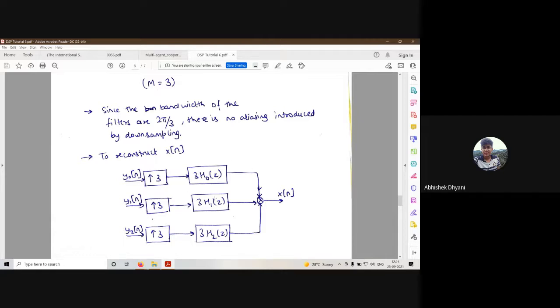To compensate for that, we have this factor of 3, and we add these three signals to get x of n. This is the same as what was done in the polyphase decomposition lecture for h of n. Instead of h of n, here we have some other sequence x of n. This is how we can reconstruct x of n.